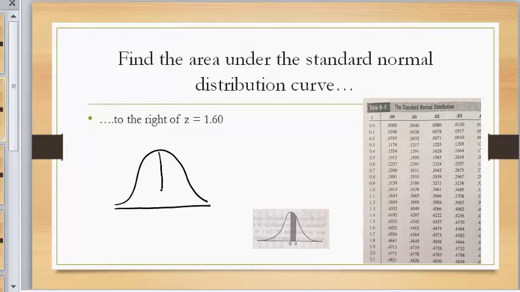We're going to draw a line down the middle, which will be our mean, and remember that your mean is always 0. Next, we're going to draw a line for 1.60. Since 1.60 is positive, we're going to draw that line on the right-hand side.